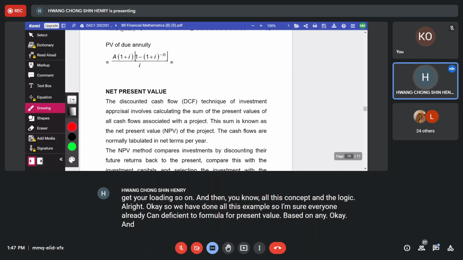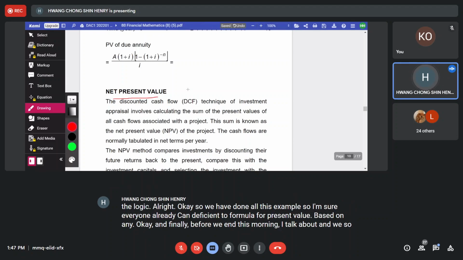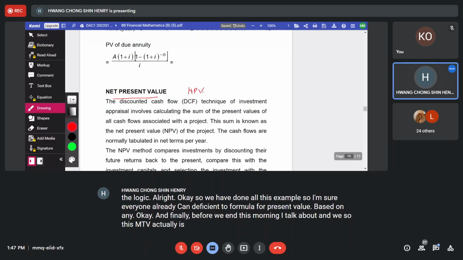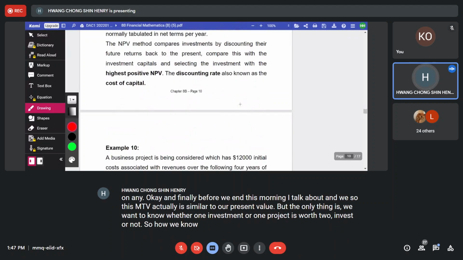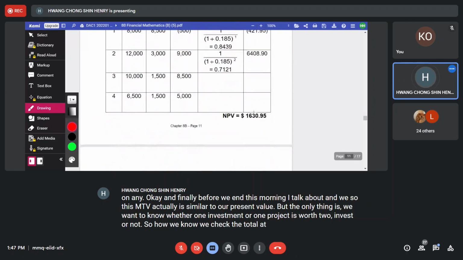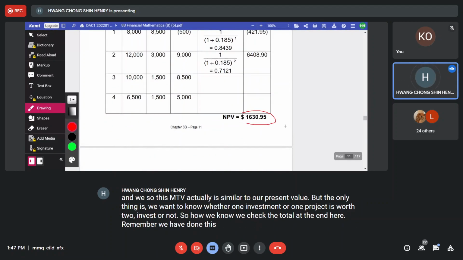Finally, before we end this morning, I talked about NPV. This NPV is actually similar to our present value, but the only thing is we want to know whether one investment or one project is worth investing in or not. So how do we know? We check the total at the end here. Remember, we have done this example.